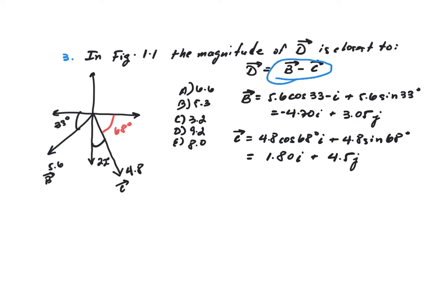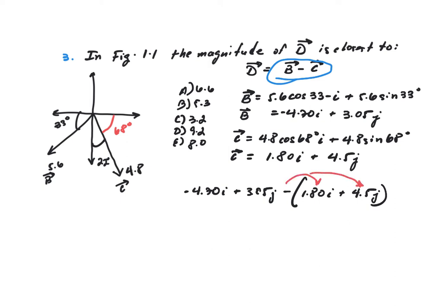So they're asking this, we're going to move on to this part. We're going to subtract these both magnitudes. So start off with what the B is given. So B is negative 4.7 I plus 3.05 J minus, because that's what they're looking for, minus 1.80 I plus 4.5 J. And what we're going to do now is distribute this minus to these values.